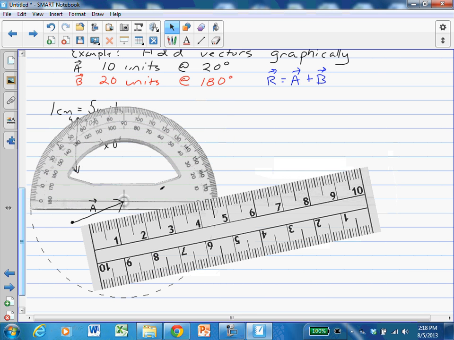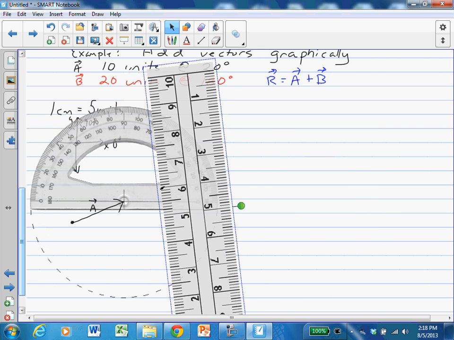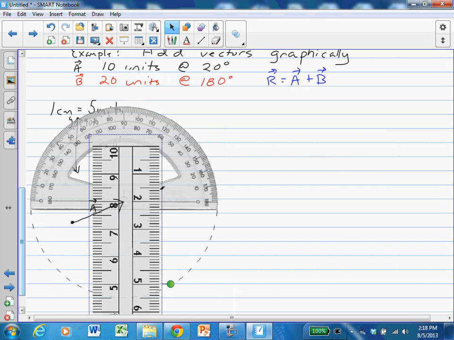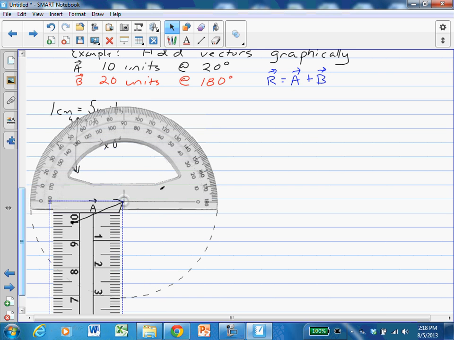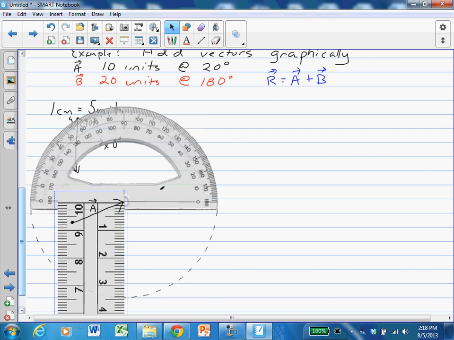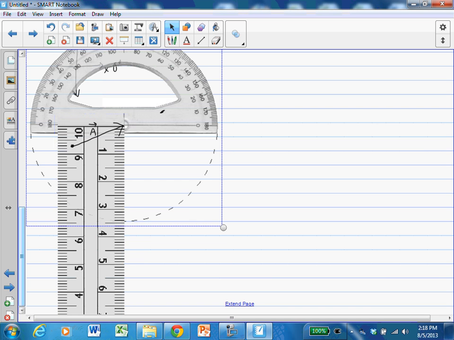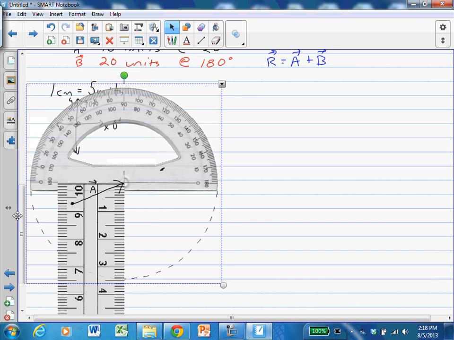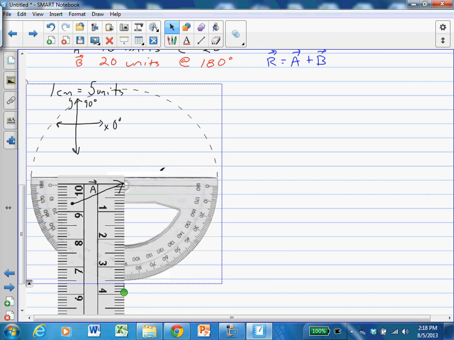And I got to bend this over. Go straight down like that. I can move the protractor around too, if I make it easier. I got to take this off now, though. Put that back on it.